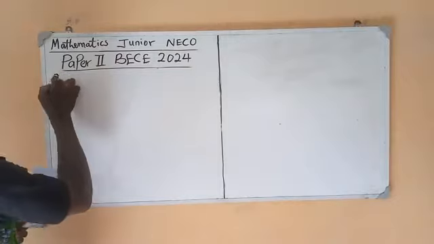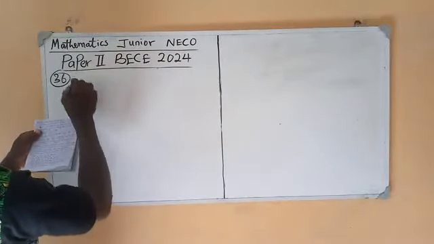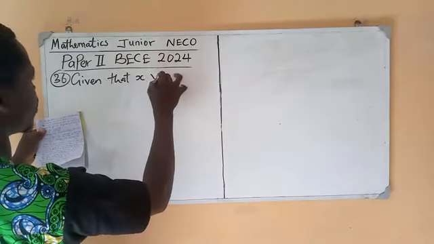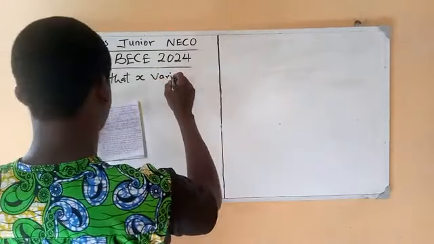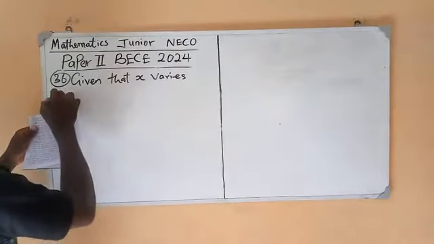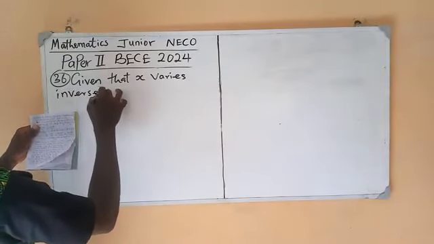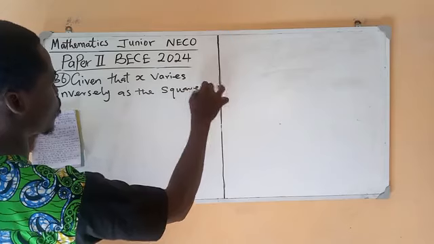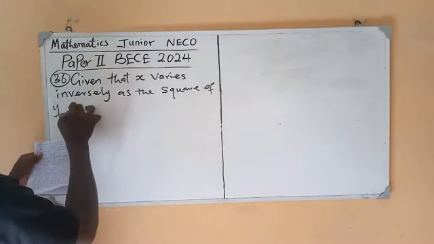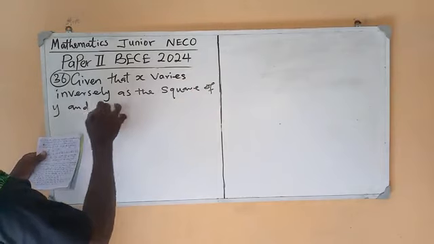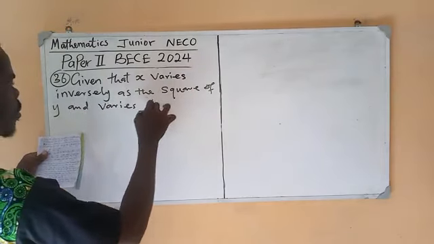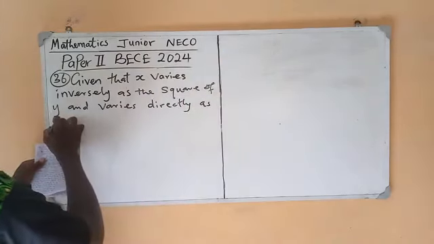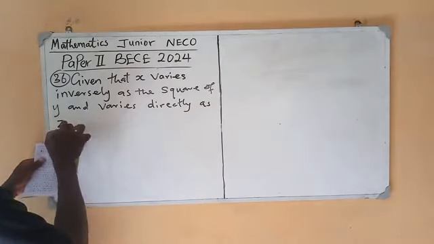The question says, given that x varies inversely as the square of y and varies directly as z.